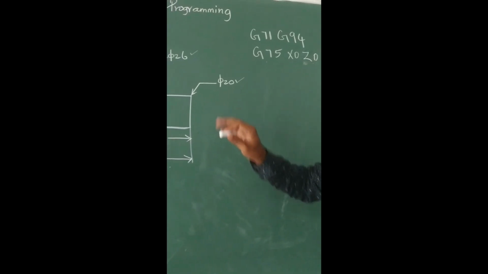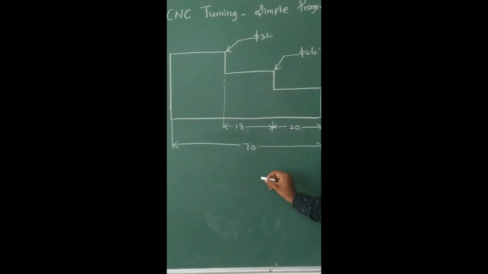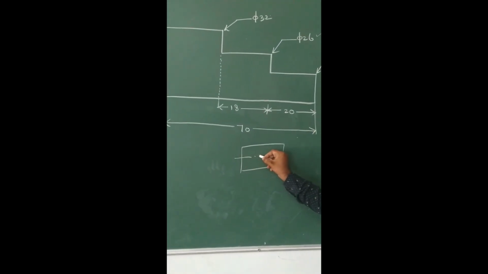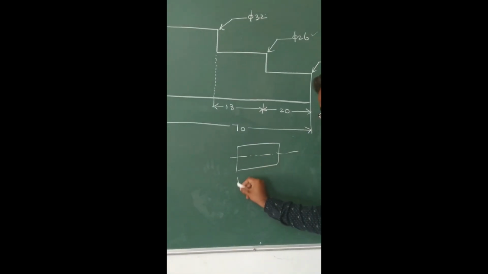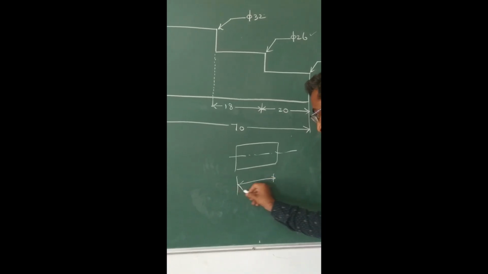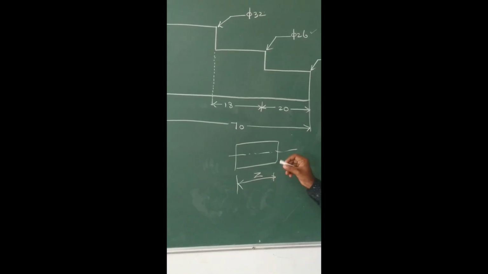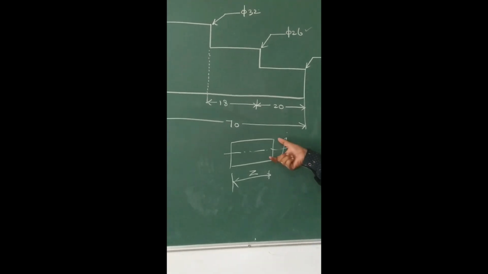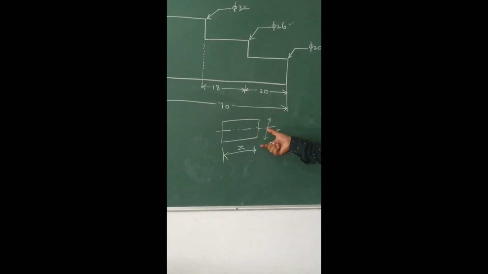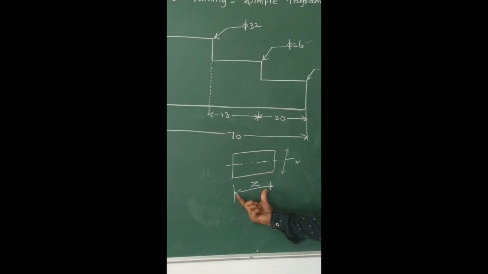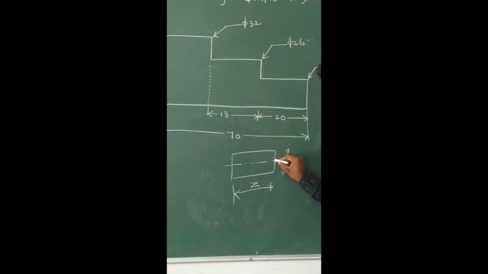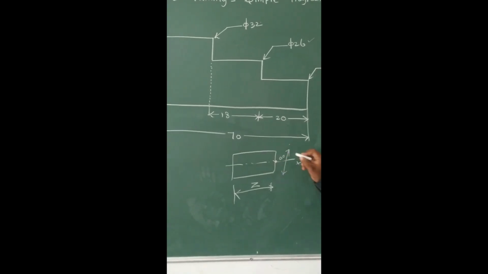Here there will be two axes. For example, this is a workpiece. This axis is called Z, and this is called X. So the diameter we indicate in terms of the X value, and the length of the workpiece we indicate in terms of the Z value. I am going to take this as the reference point 0, 0.